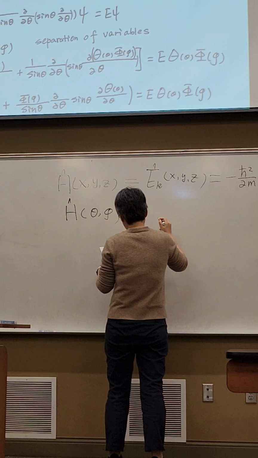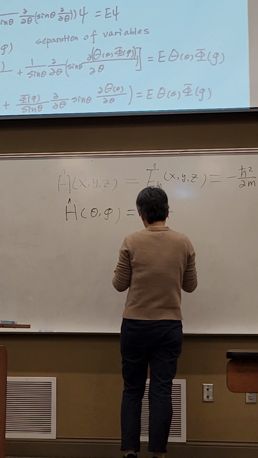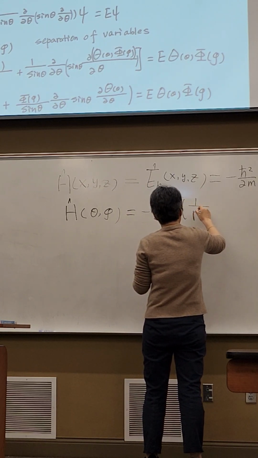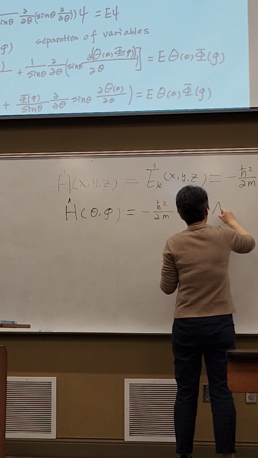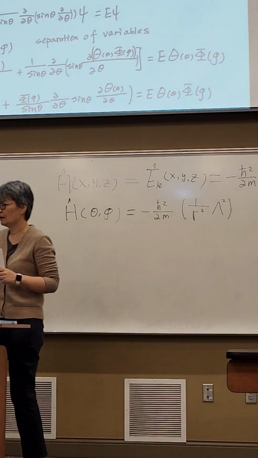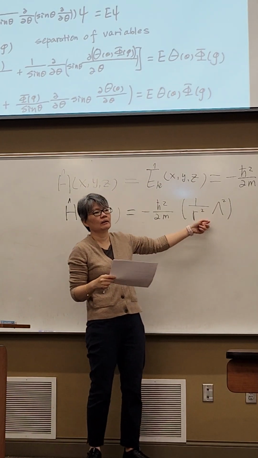If we plug in the exact expression, what we have here is h bar squared over 2m, and that del squared, as we're showing here, reduces to the component related to the angles. We said this is the Legendre operation.